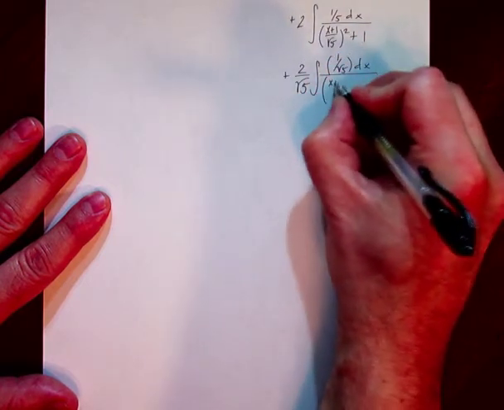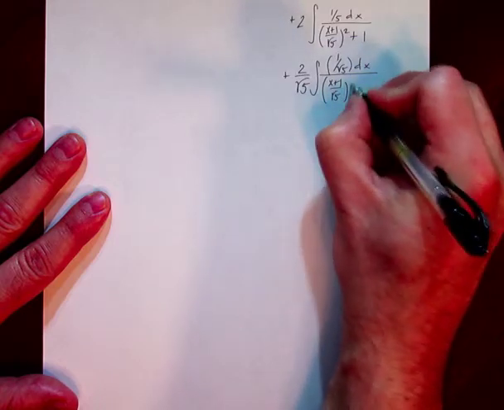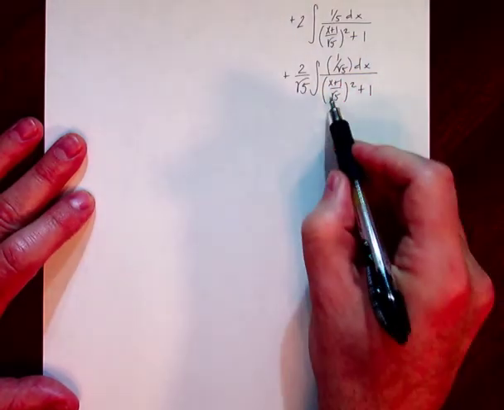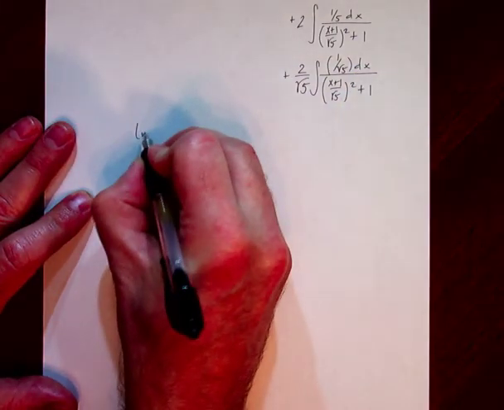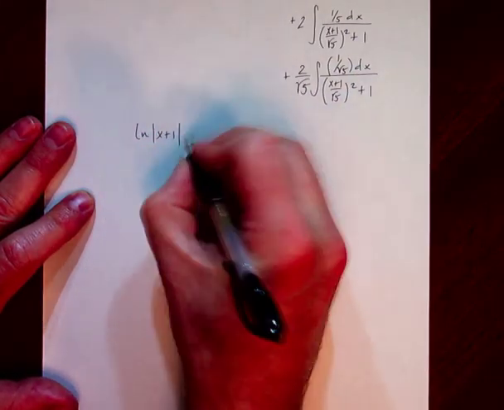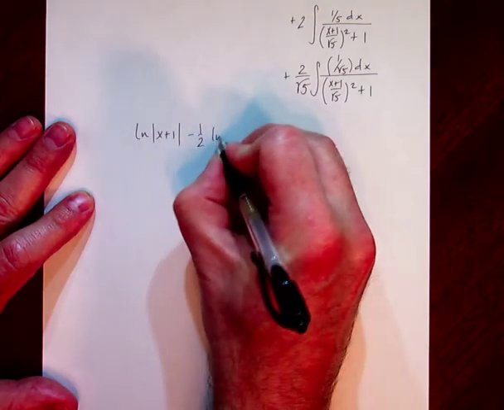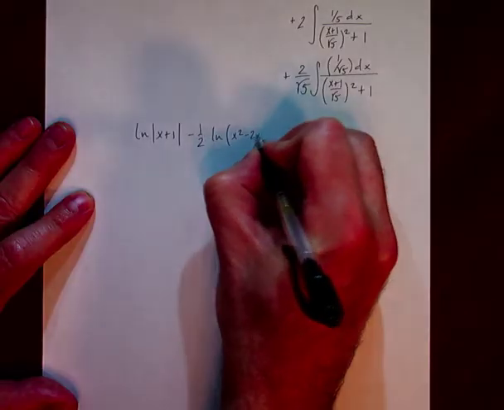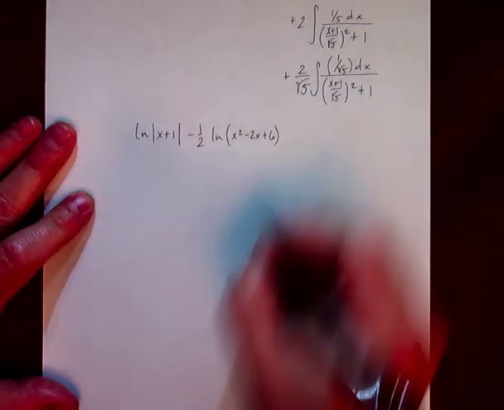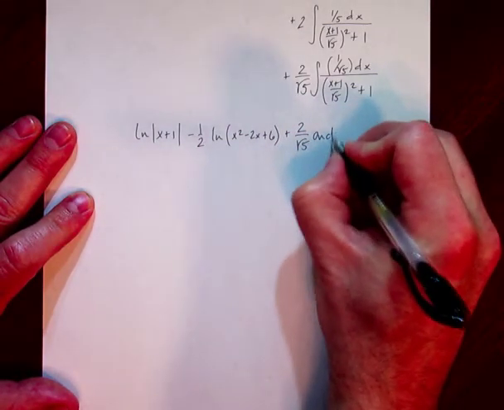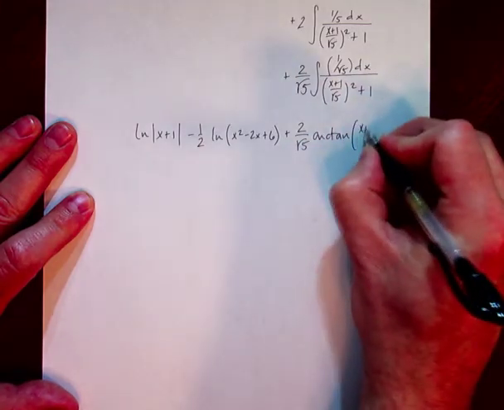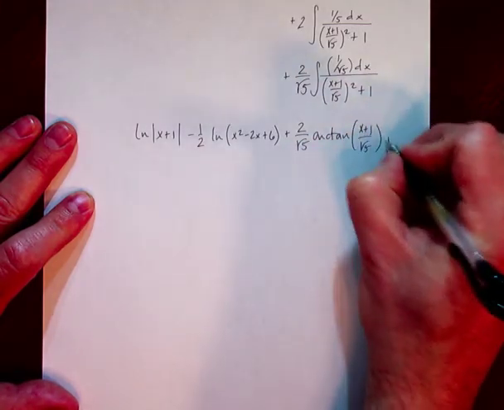This was x plus 1 over root 5 squared plus 1. So this is u squared plus 1 with du up there. This winds up being natural log x plus 1 minus 1/2 natural log, and of course this is an always positive quadratic. It doesn't need the absolute values, plus 2 over root 5 arctan x plus 1 over root 5 plus c.